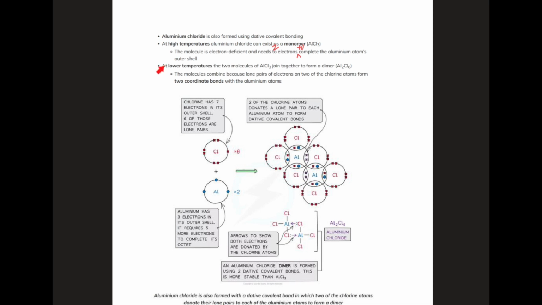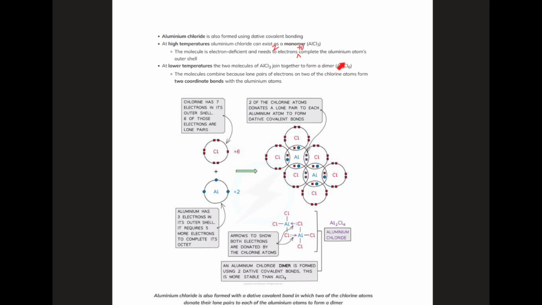Okay, so at lower temperatures, two molecules of aluminium chloride join together to form a dimer, Al2Cl6. So what is a dimer? A dimer is two monomers that join up.